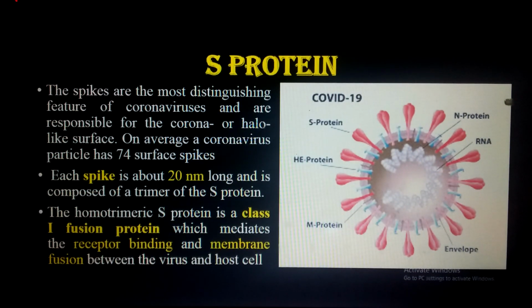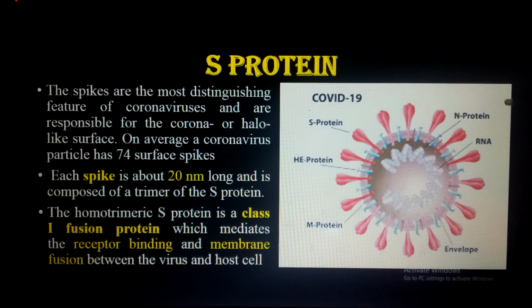So what are basically the spike proteins? Spike proteins are present on the surface of the coronavirus. As you can see here, the spike proteins are present on the surface, and each spike protein consists of an expanded head-like structure and a tail or stem-like structure, which is narrow.